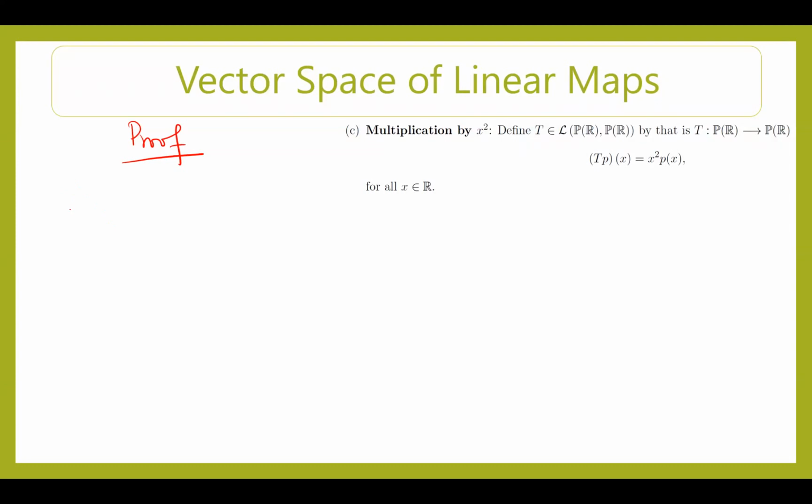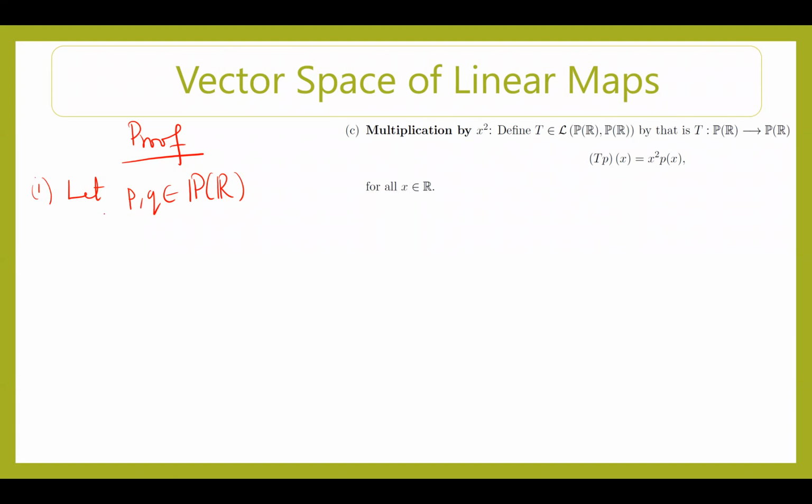To show that something is a linear transformation, and I'm going to be giving us some properties later, but for now, to show the first property, we need to take two polynomials. So let's call them p and q from the set of all polynomials. It's a vector space. And we want to investigate what is T of p plus q and T of p and T of q.